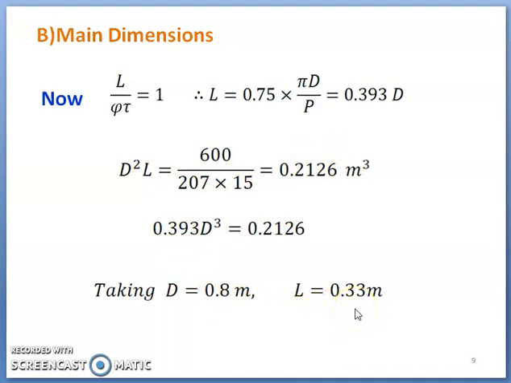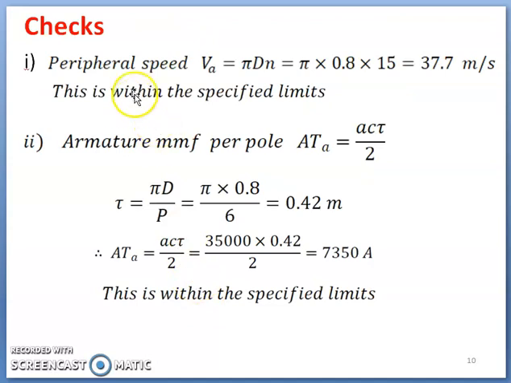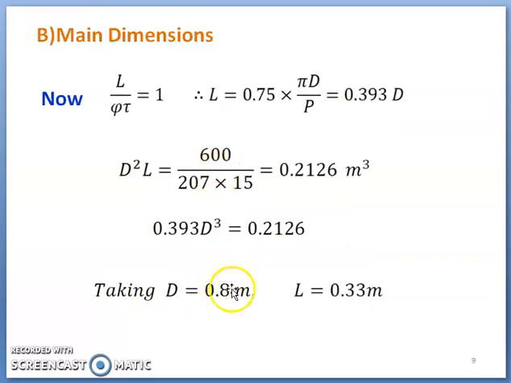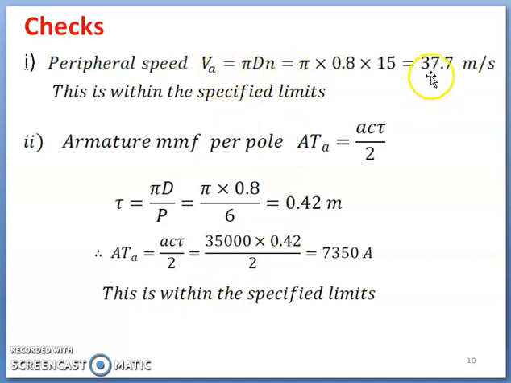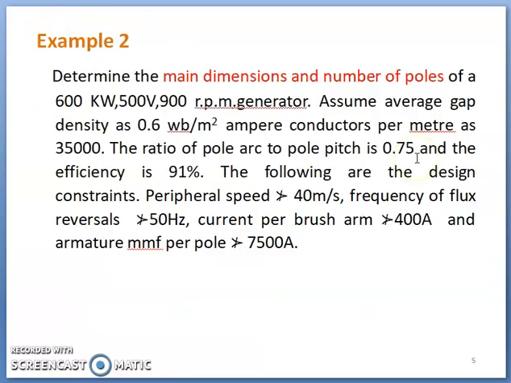But whether this main dimension like diameter and length satisfies other design constraints like peripheral speed. Peripheral speed Va is given by pi dn, and here peripheral speed is taken as limiting factor to decide armature diameter. Taking d as 0.8 meter, Va is 37.7 meter per second, and peripheral speed should not exceed 40 meter per second.